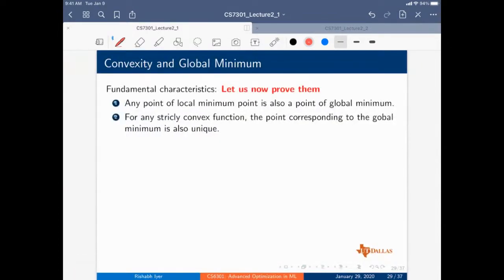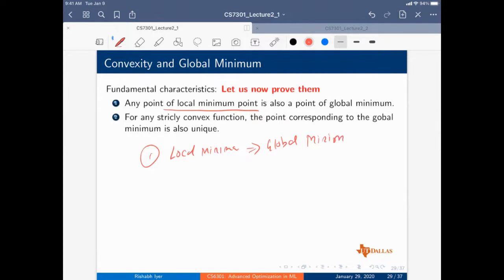Okay. So now we will prove two very important and fundamental characterizations of convexity and global minima. The first: any point which is a local minimum is also a global minimum. So for convex functions, local minima implies global minima.